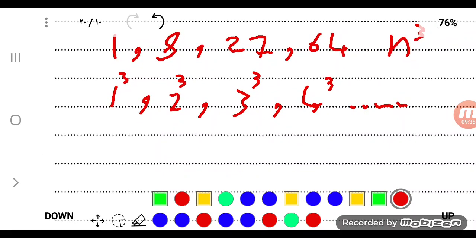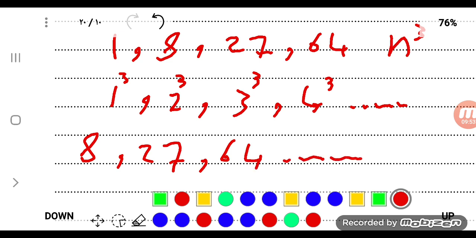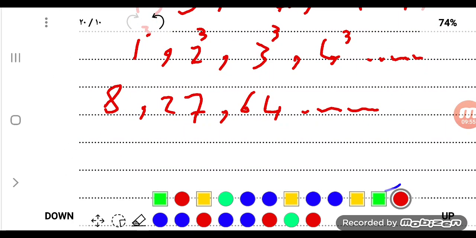Now what if I have another sequence which starts at 8? So let's say you have 8, 27, 64, and so on. In this case, what is the nth term?